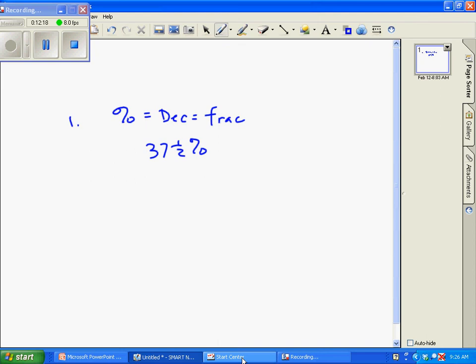Who can tell me the first step if I give you the percent? What's the first procedure, Allie? Go to a decimal. So to go to a decimal, I wipe away this percent, but I have to take this in my brain. This is 37.5. The decimal moves 2 places, and it's 0.375. You're good with that? Questions on that part?